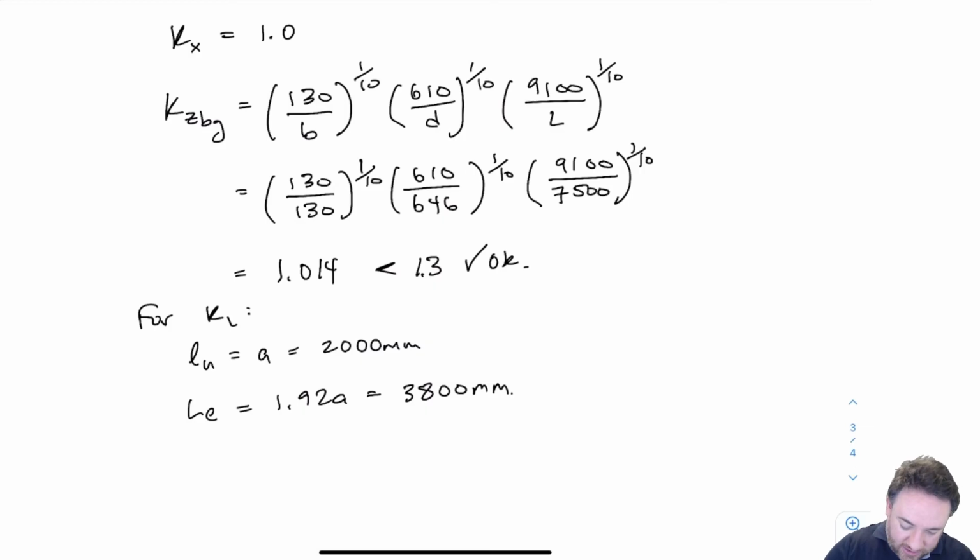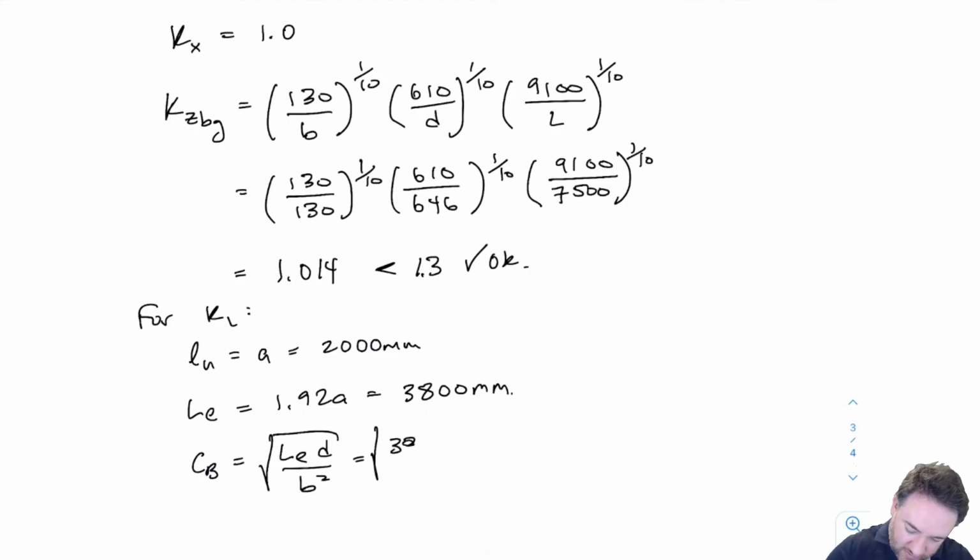Okay, so now we can calculate our CB, which has this equation. And if I calculate all that out, 3,800 times D is 646 divided by B squared.